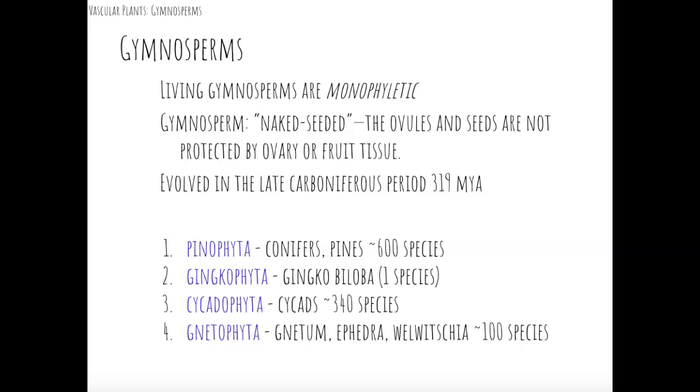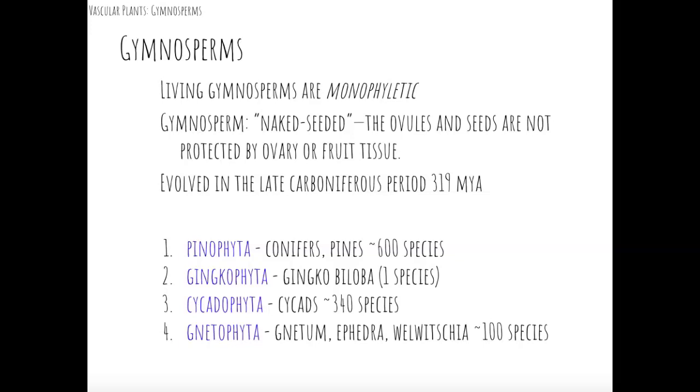Of the living gymnosperms, there's quite a bit of diversity. The most speciose group is the Pinophyta, which includes things like conifers and pines, with about 600 species. The Cycadophyta, which are things like cycads, have about 340 species.